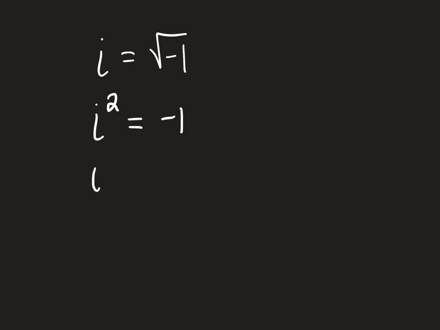And then if we do it to the third power, that's like doing -1 times another i, so that would be equal to -i. And then i to the fourth, what do you think that one would be?